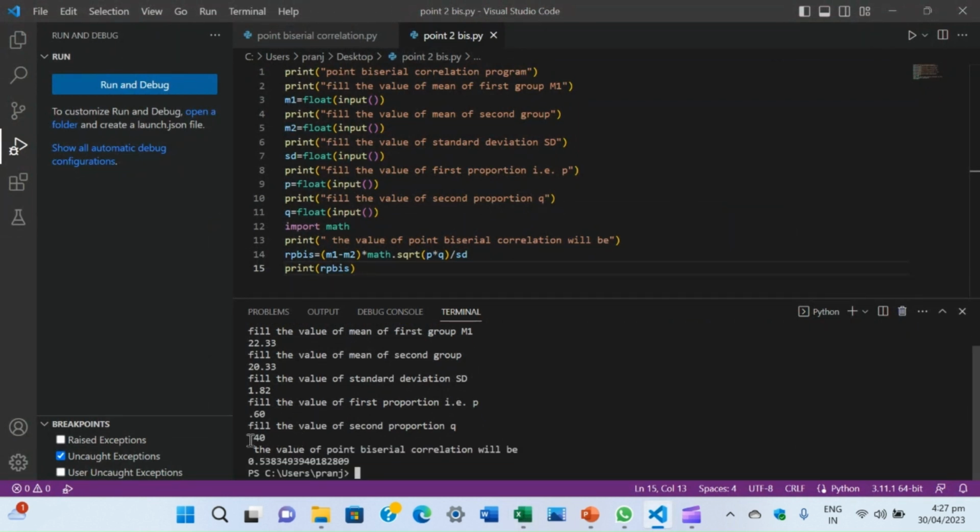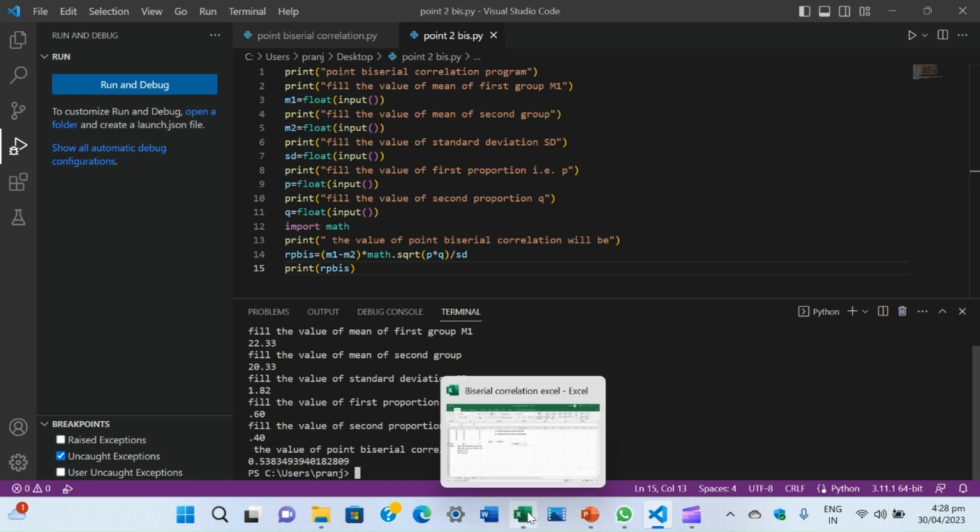and then in the last line you see the value of the point biserial correlation coefficient is showing here: 0.53834939, which is about 0.54, the same as we obtained, 0.538, in Excel.